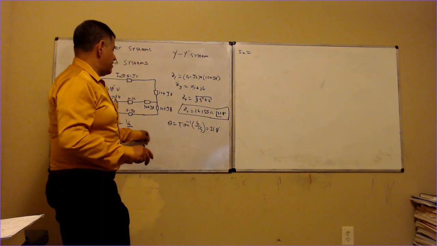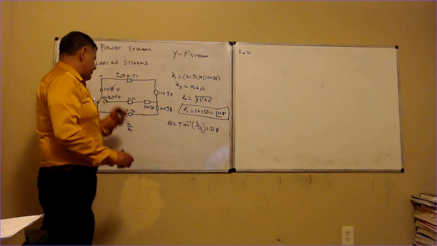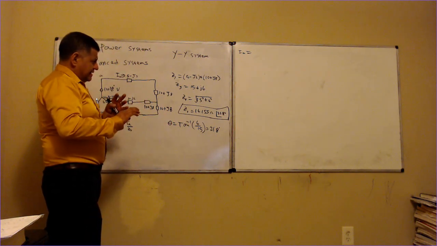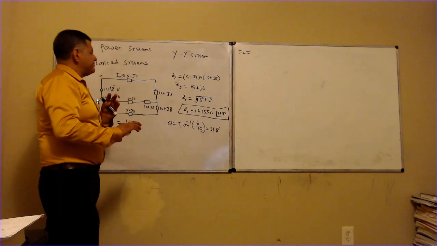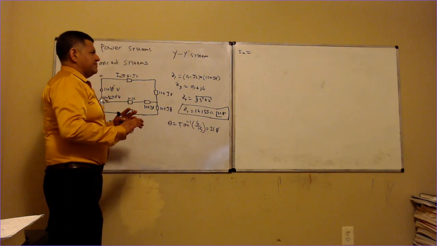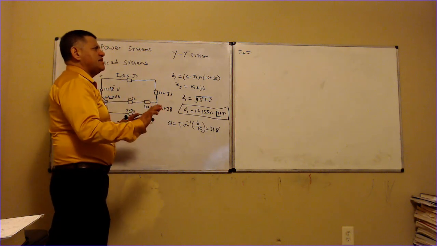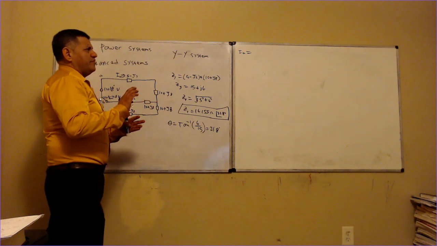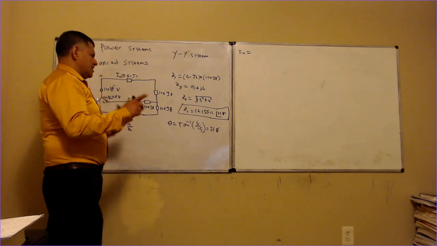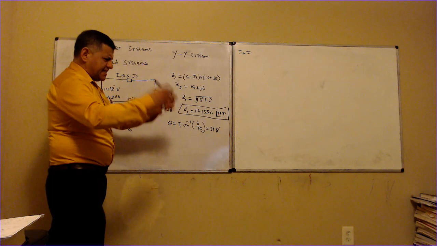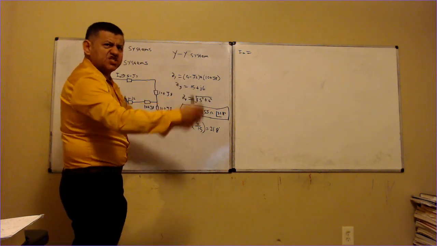The current, we give it a little more room. I would say the current technically has to be a little more imbalanced than the voltage, because the current deals with all the heating elements and all that, which changes.